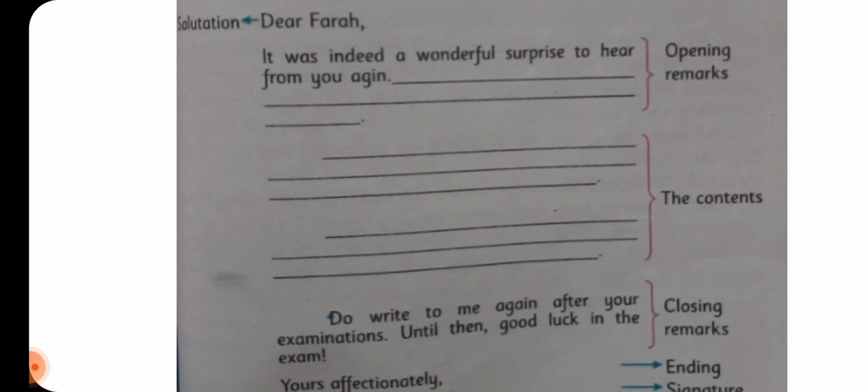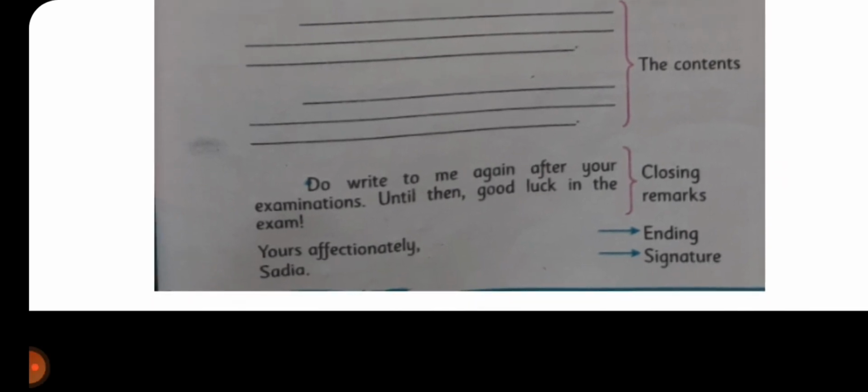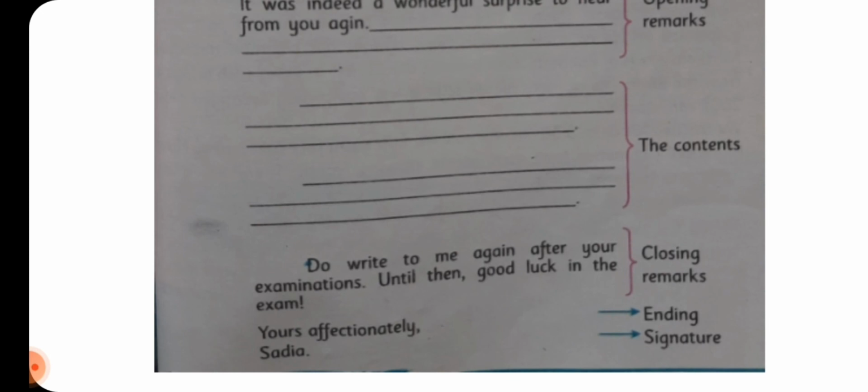But if we have the thing divided in proper paragraphs, it is easy to read and it is easy for us to comprehend what things are written and how they are differently classified, right? So therefore the body of the letter here also is put into paragraphs. Then you end your letter with yours affectionately, and then you put a comma and you write your name.